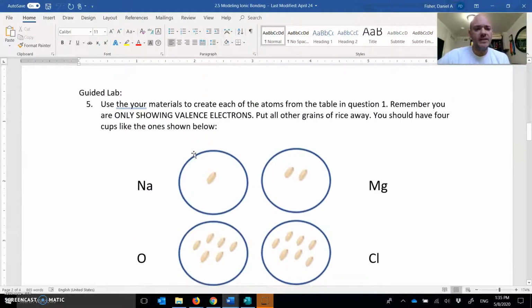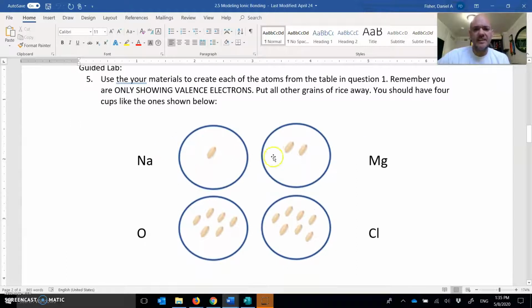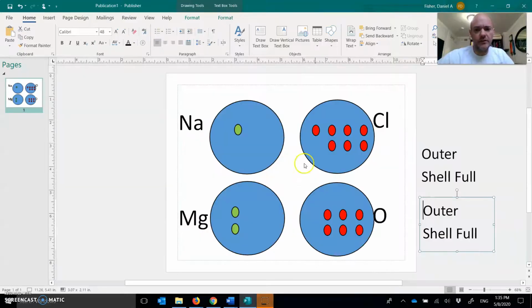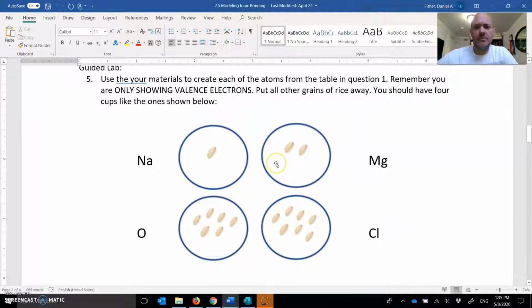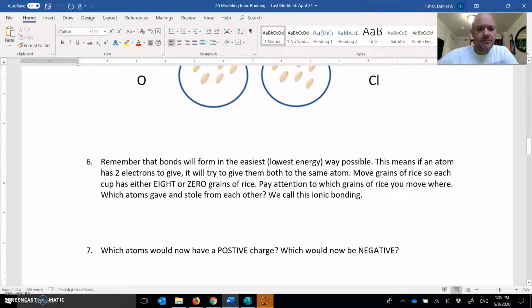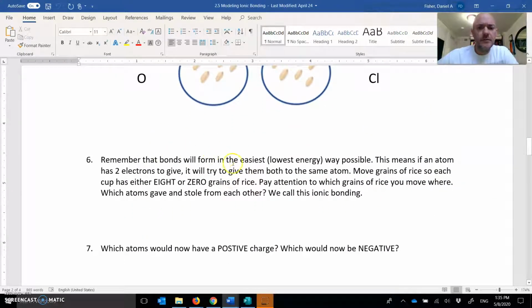And here's where we get to the lab. So we've got these atoms set up. I set them up not quite in the same order. If you look at mine, I've got chlorine up here, magnesium down here, sodium here. So here's the main thing to think about. Bonds are going to form in the easiest, the lowest energy way possible.